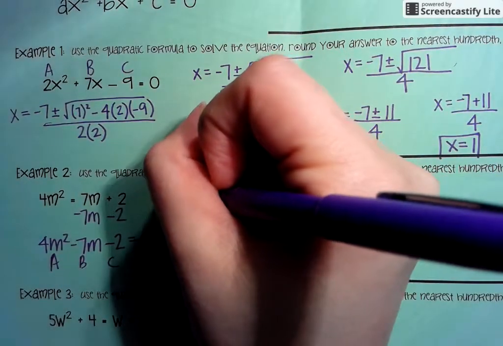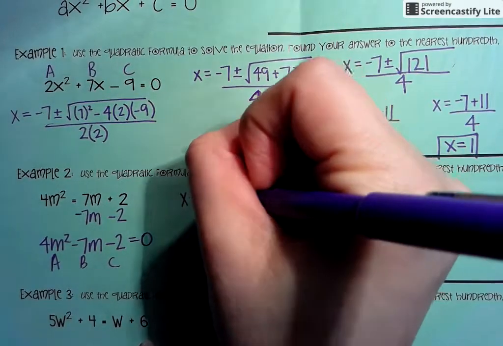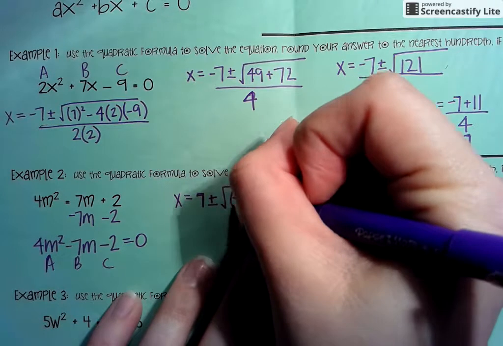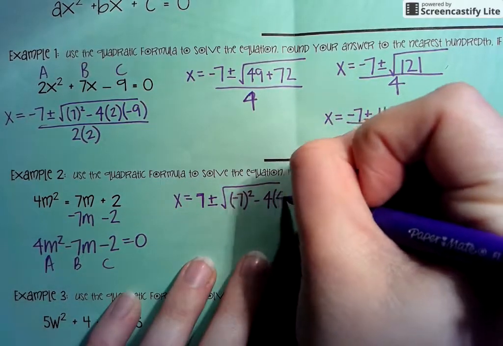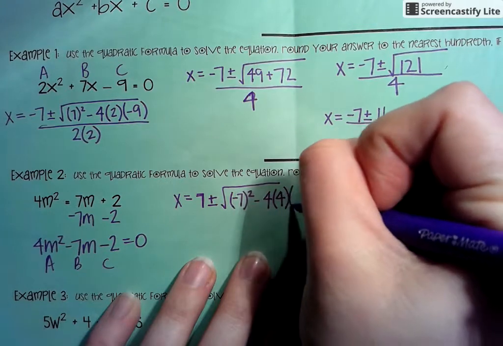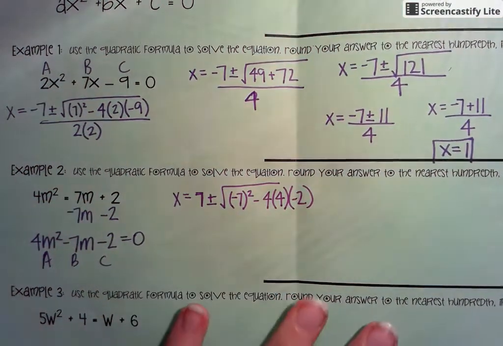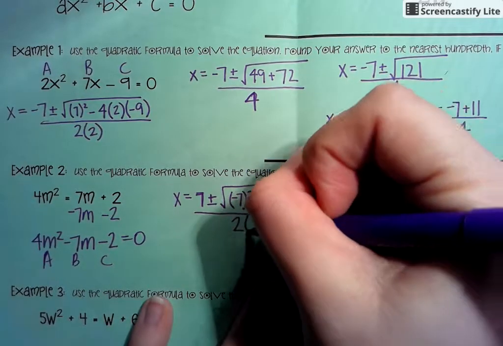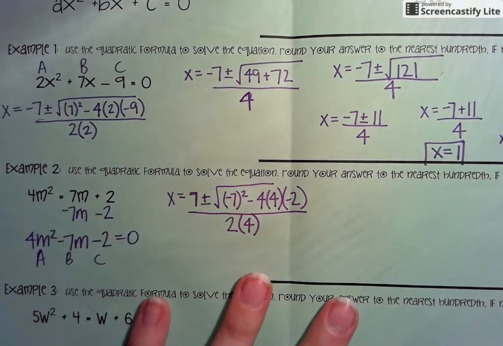So I'm going to do x equals my negative b, which is 7, plus or minus the square root of negative 7 squared, because it's my b squared, minus 4 times 4 times a negative 2, and then all over my 2 times my 4, because 4 is my a value.